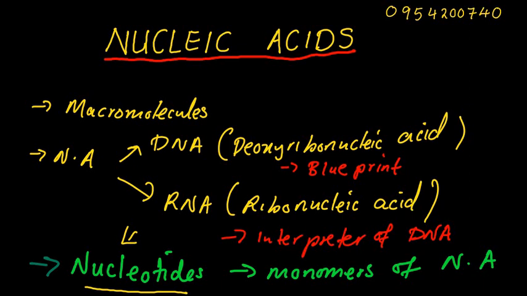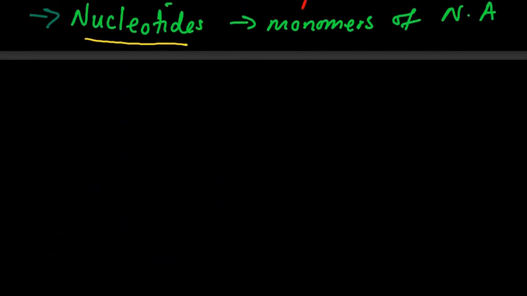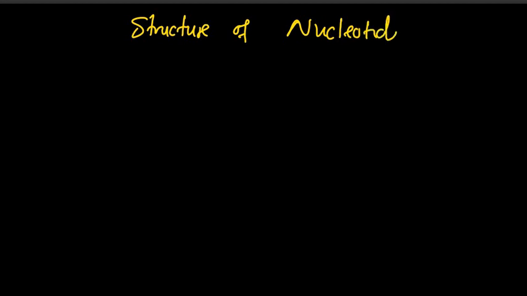Now, let's focus on the structure of nucleotides. I hope you got the difference between the two types of nucleic acids. We said we have DNA and RNA, and DNA is the genetic blueprint of the building of cells, or any information needed for the production of something.